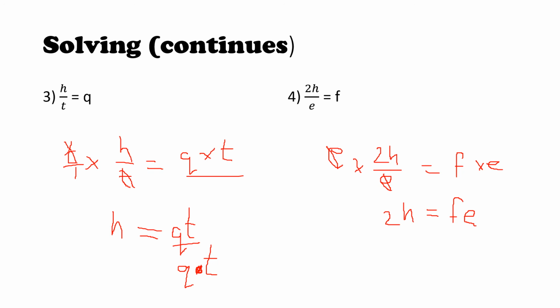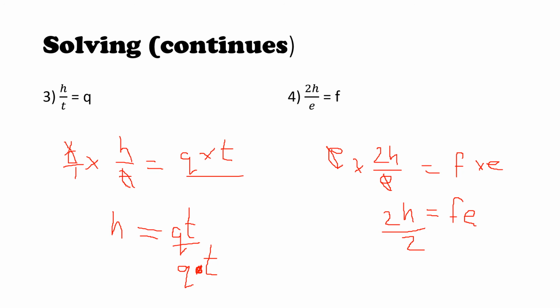Right, but we ain't finished yet. The H is still not standing alone. No, the H is with the 2. And what sign is between the H and the 2 here? Multiplication. What does the rule say to get rid of multiplication? We divide. Remember, to get rid of multiplication, we divide. To get rid of division, we multiply. So here now, we divide by 2.